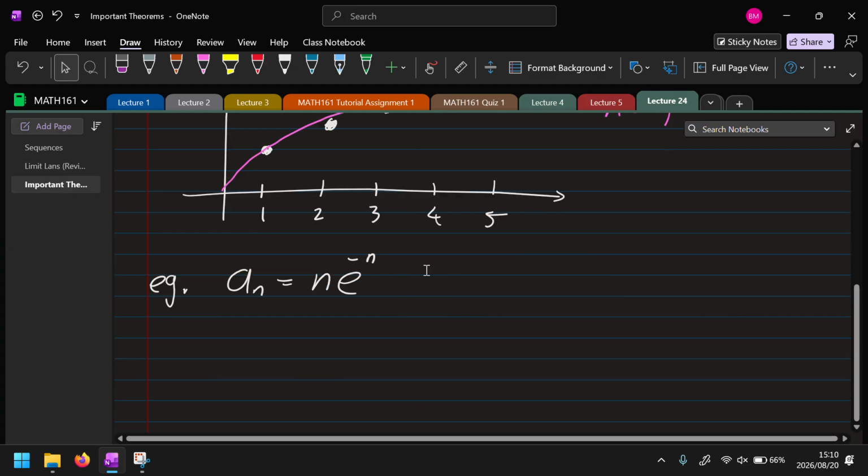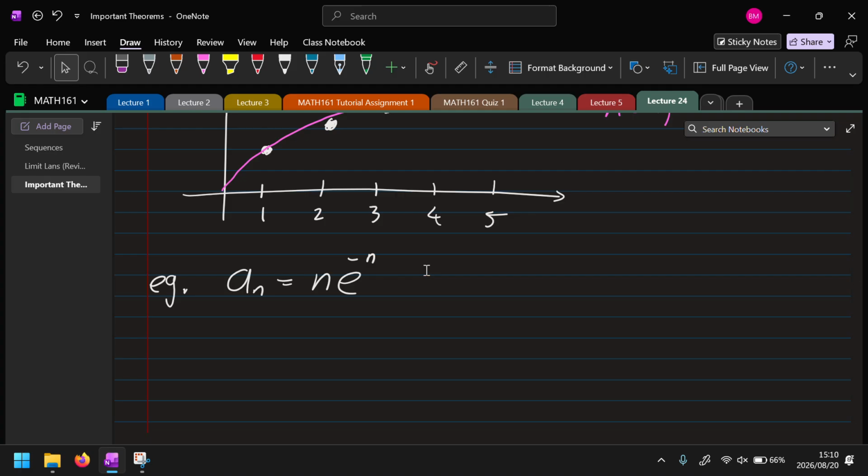So instead of using the limit laws for sequences, we're going to convert this to a function and use the limit laws and squeeze theorem and L'Hopital's rule and all of that for functions. So we convert this to a function. Instead of n, we put x, the continuous variable.